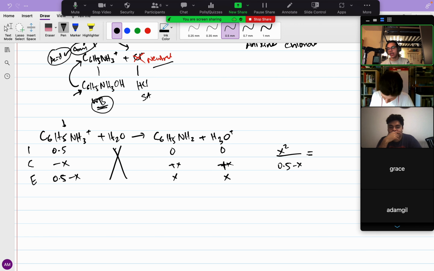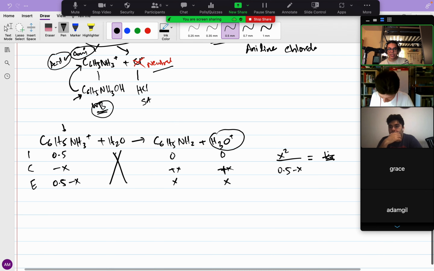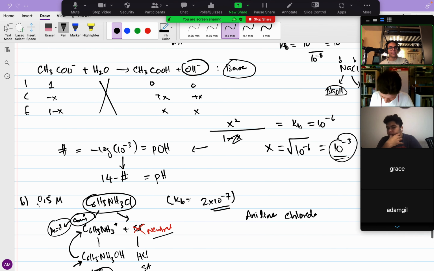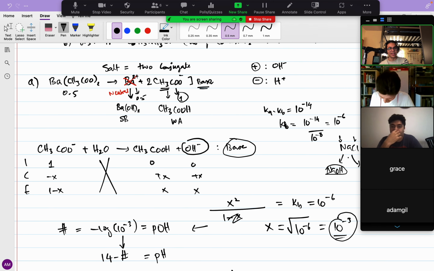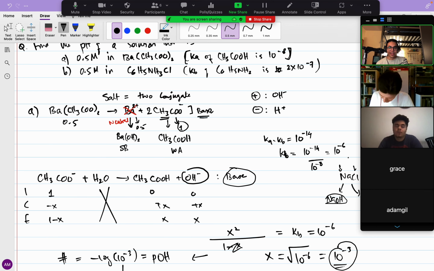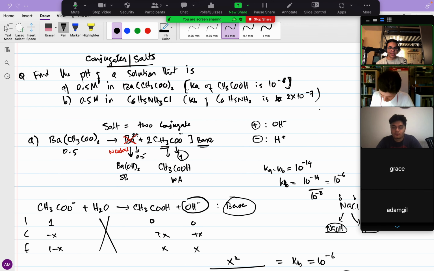And so what you get is, okay, Ka or Kb? Ka, because this is an acid reaction, which I do not have. They never, ever give you the K value in salt questions that you actually need. They'll always give you the reverse, which is what I have done.